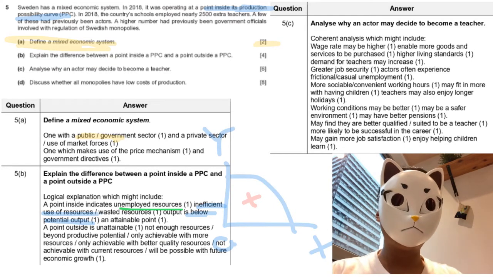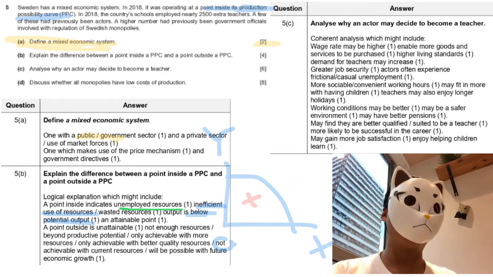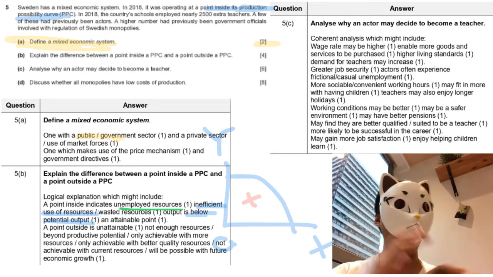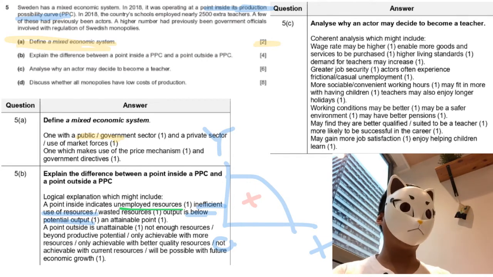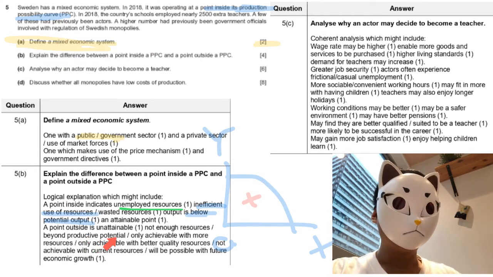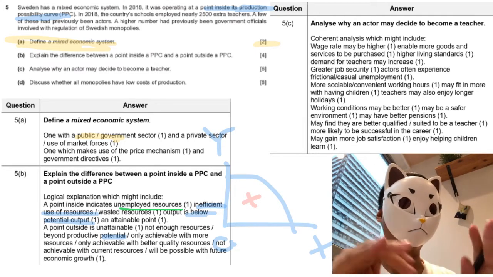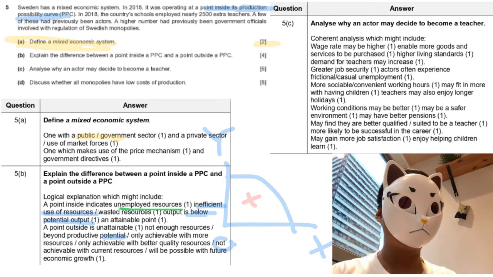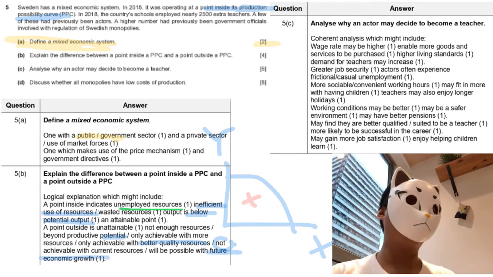On the other hand, what is the meaning of outside the PPC? That means there's a point that cannot be attained unless there is a technological advancement. We call it potential. It can only be achieved with better quality or future economic growth, like what I said.